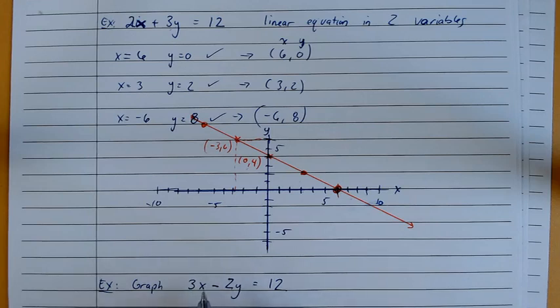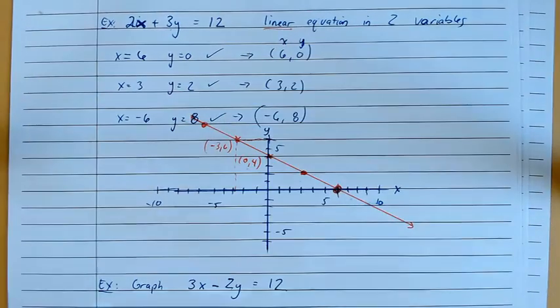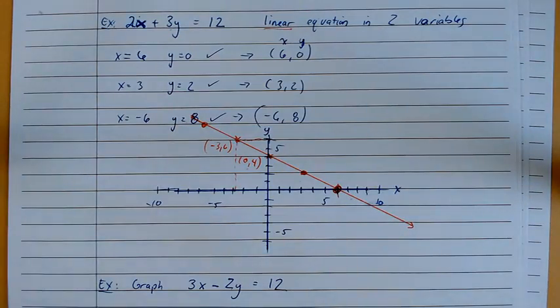But when all you have is x and y, and the only thing you're doing to those x's and y's is either adding or subtracting or maybe multiplying or dividing by a number, that's going to give you a linear equation. Whenever you have a linear equation, the graph will be, surprise, surprise, a straight line. That's one reason we call them linear equations, because their graph is a straight line.